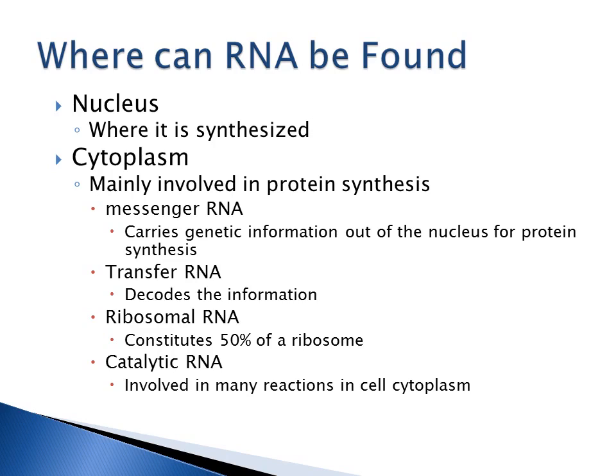You have your transfer RNA, which decodes that genetic information, and you have ribosomal RNA that constitutes your ribosomes, which are very important in your protein development. You also have catalytic RNAs that are involved in different reactions inside the cytoplasm of the cell.